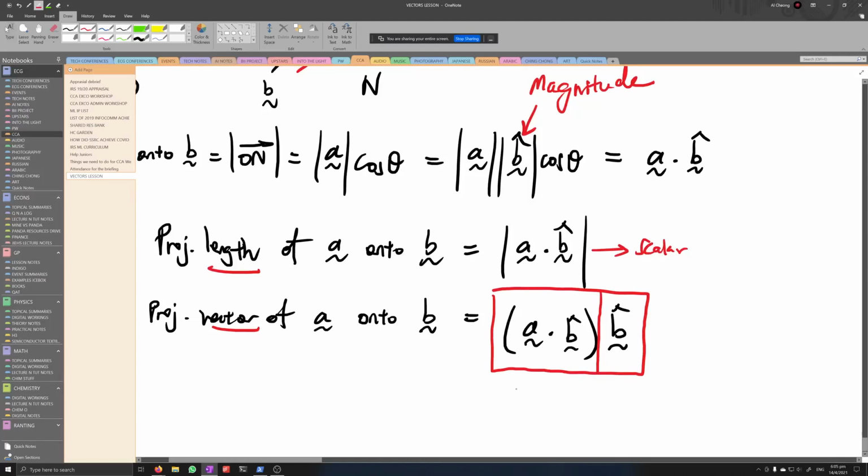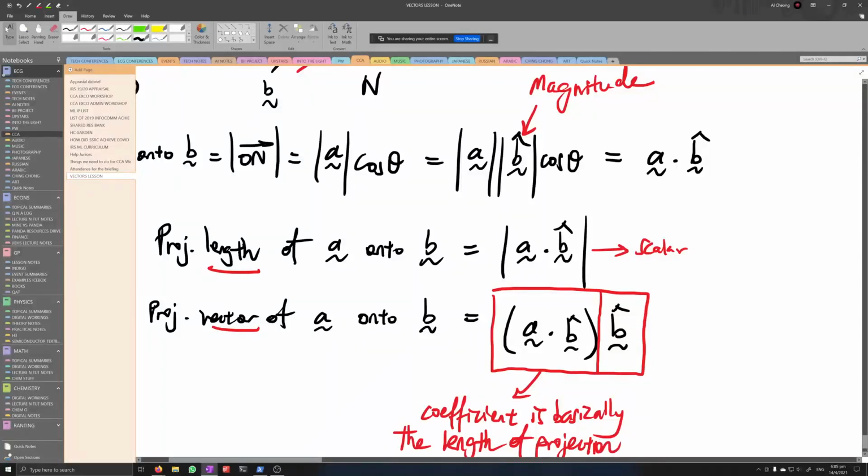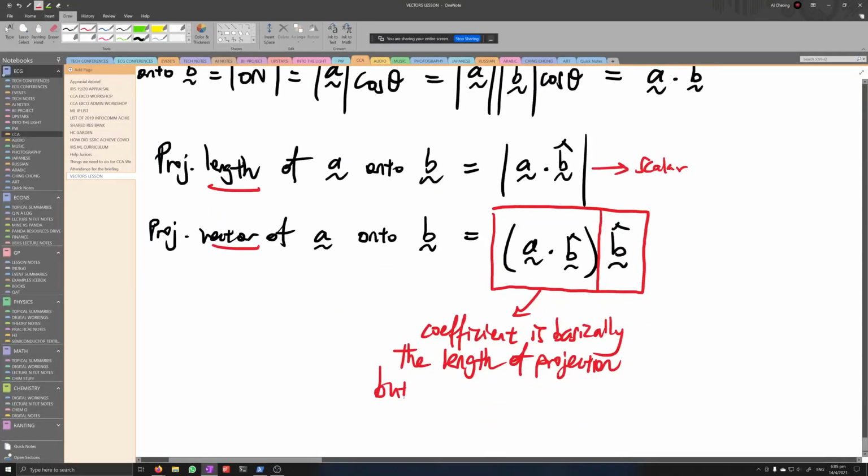So one part here, the coefficient, is basically the length of projection but with direction taken into account.